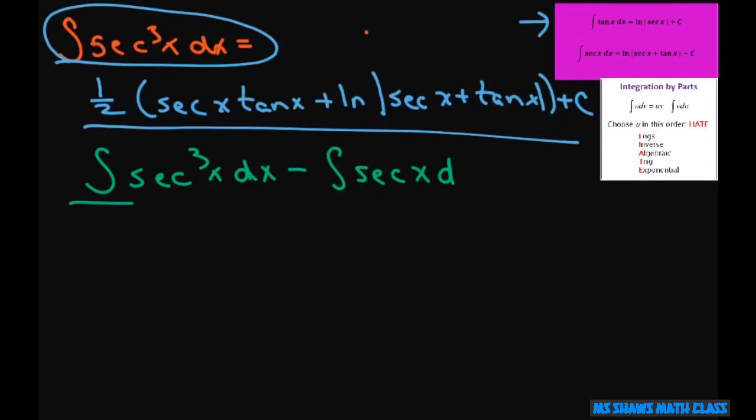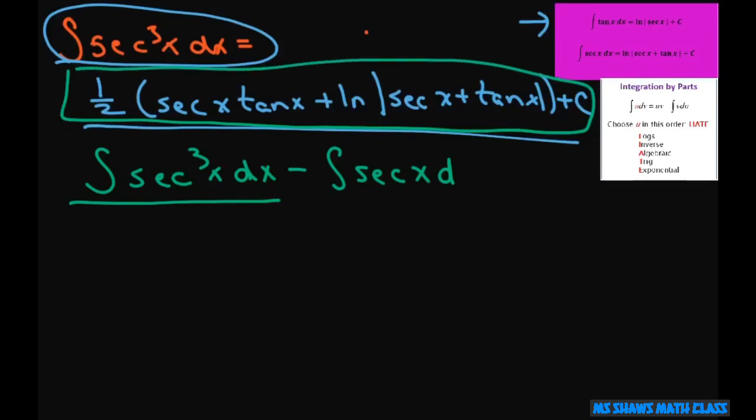So we know the antiderivative of this piece is here by integration by parts. And then for this piece, we're just going to use this again. So this piece is just going to be minus ln of secant x plus tan x plus c.